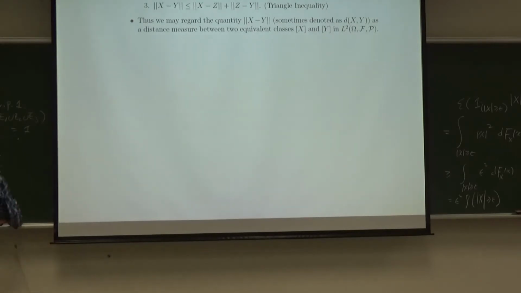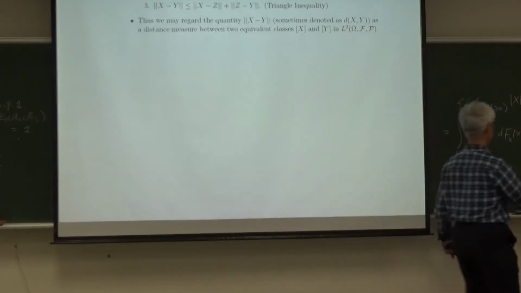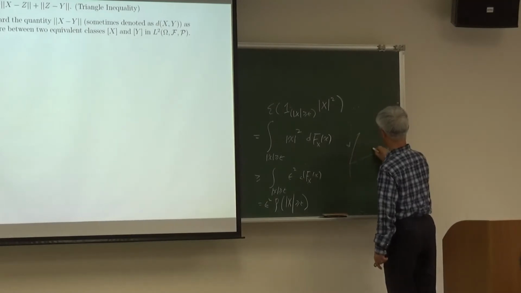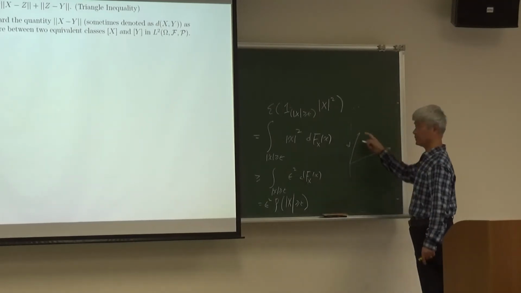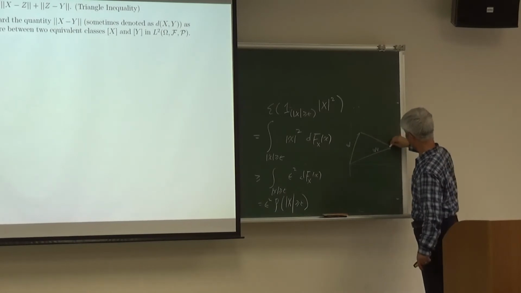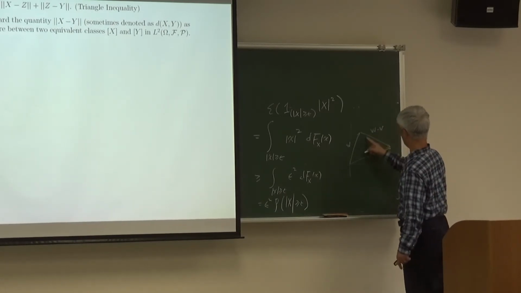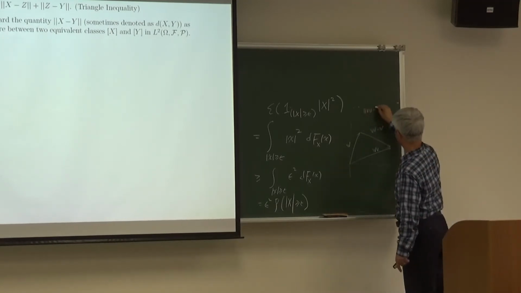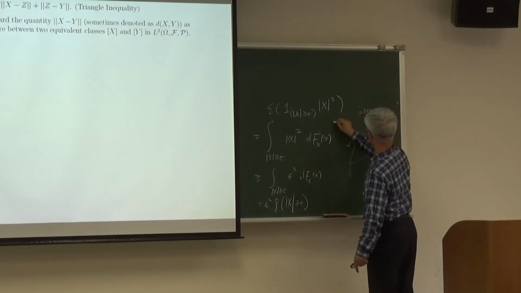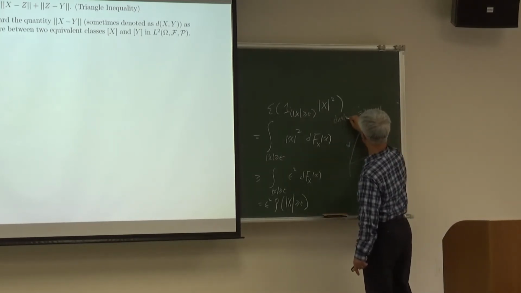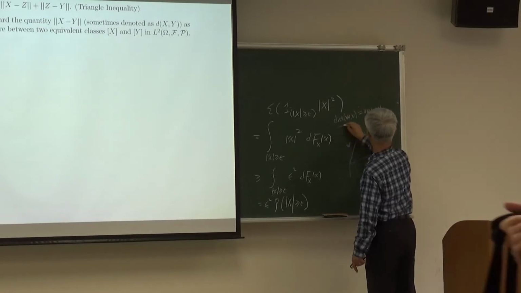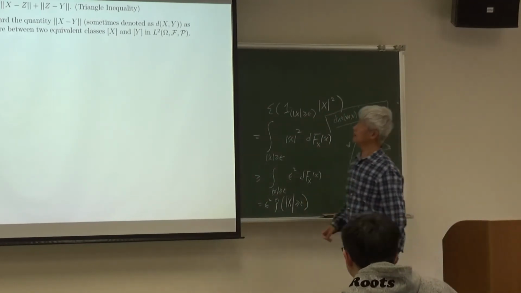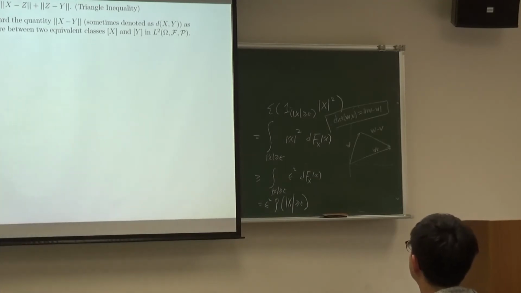For example, we have two vectors here, V and W. The distance between the two vectors is here. This is W minus V, and then its length is the distance between W and V. So this is the geometry of the second order, the L2 space.